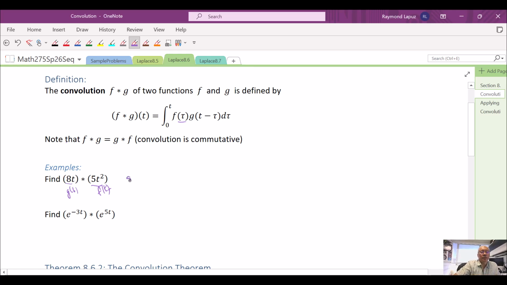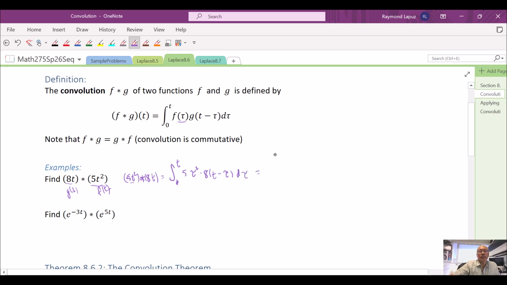So I'll say 5t squared convolution with 8t is going to be the integral from 0 to t of 5 tau squared times 8, and then the t now has a shift, t minus tau, d tau.